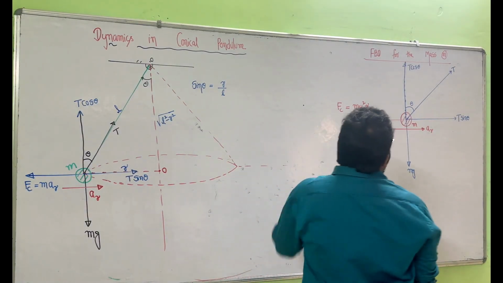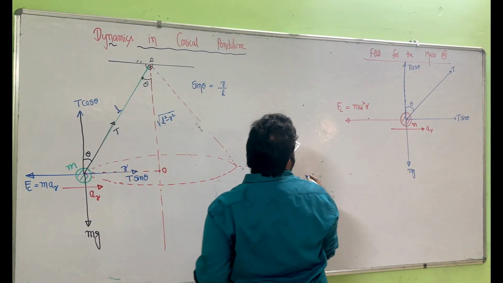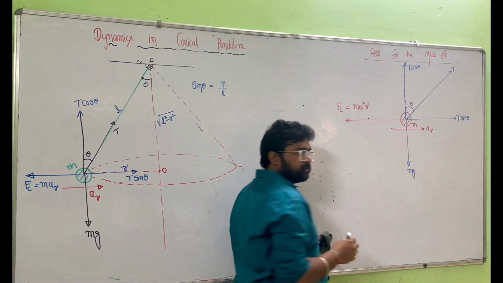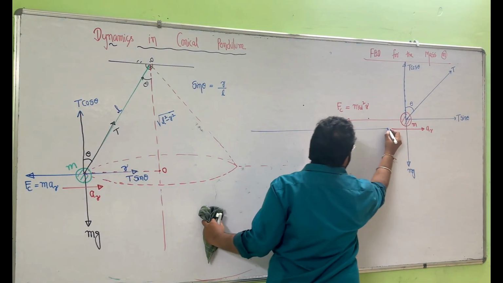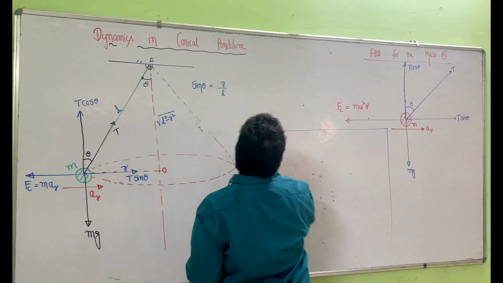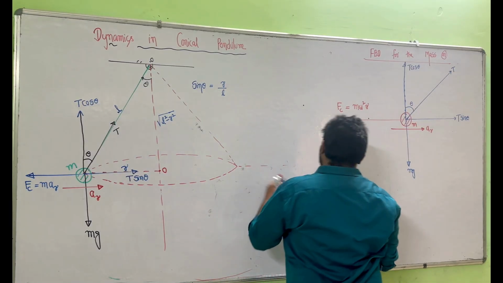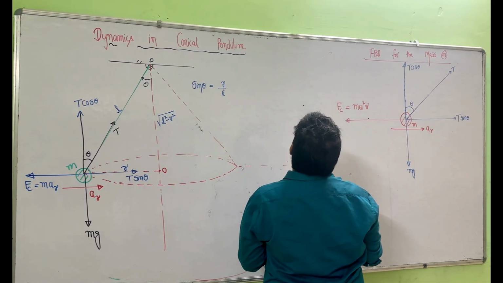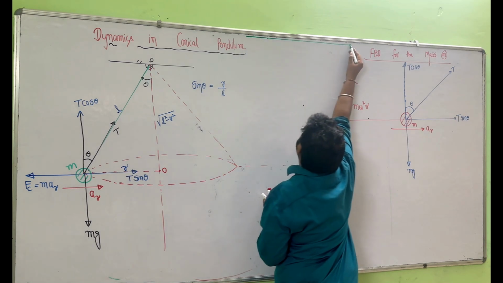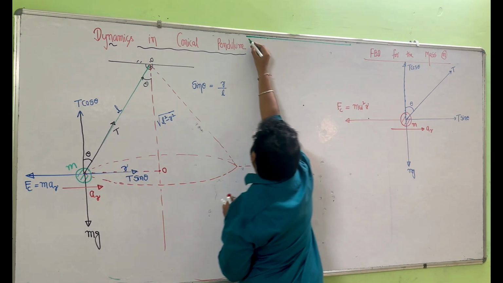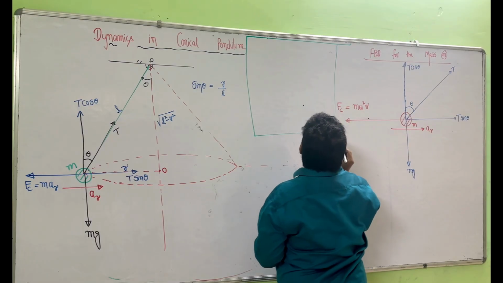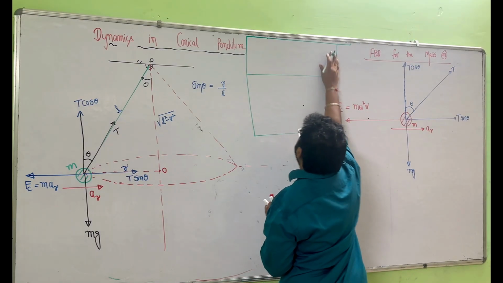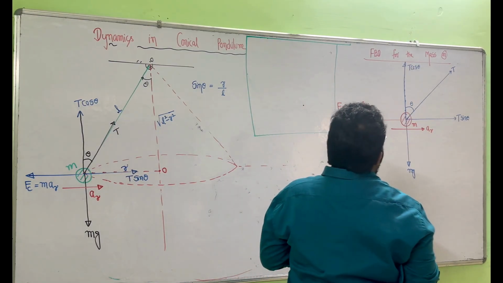Okay, so now we can apply static equilibrium equations because the centrifugal force is represented in the free body diagram. Sigma Fx equal to 0, sigma Fy equal to 0. Focus here. If you apply sigma Fx equal to 0, what is obtained?